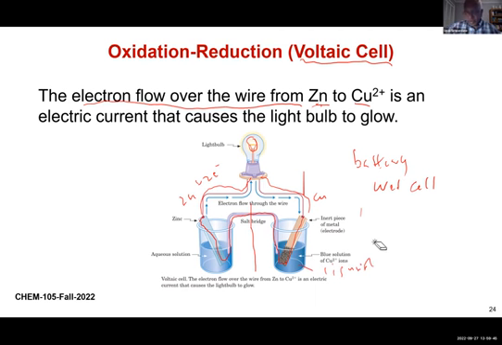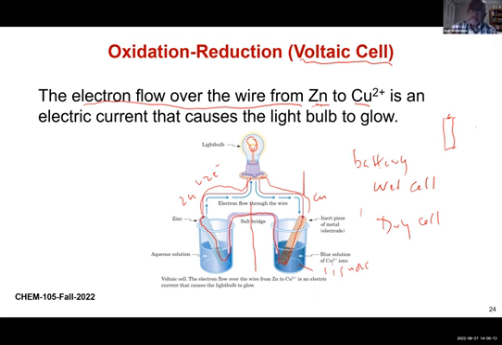This is not convenient. What is a dry cell battery? The regular batteries that we use in our flashlights are dry cells. They don't have a solution. They have a paste of chemicals.